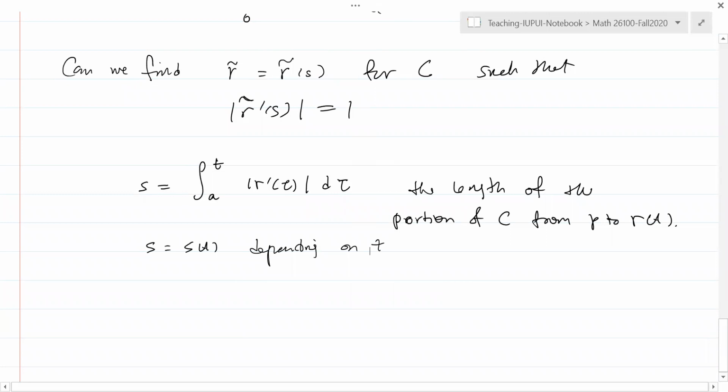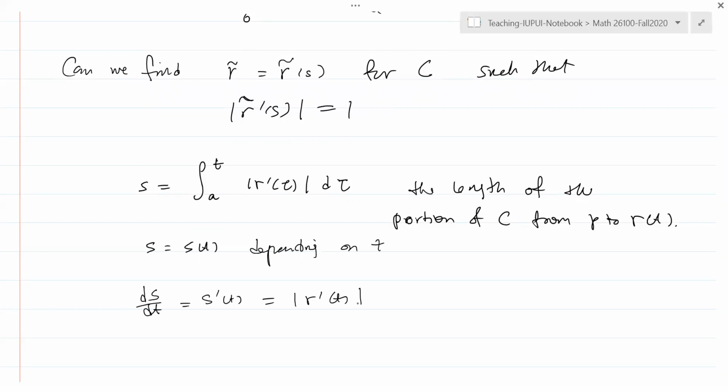Since it's a function of t, you can differentiate. According to the fundamental theorem of calculus, the derivative of s with respect to t is just the length of the tangent vector.